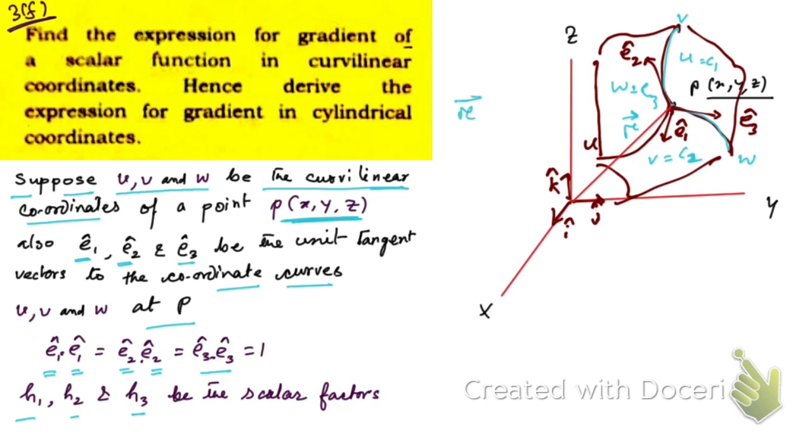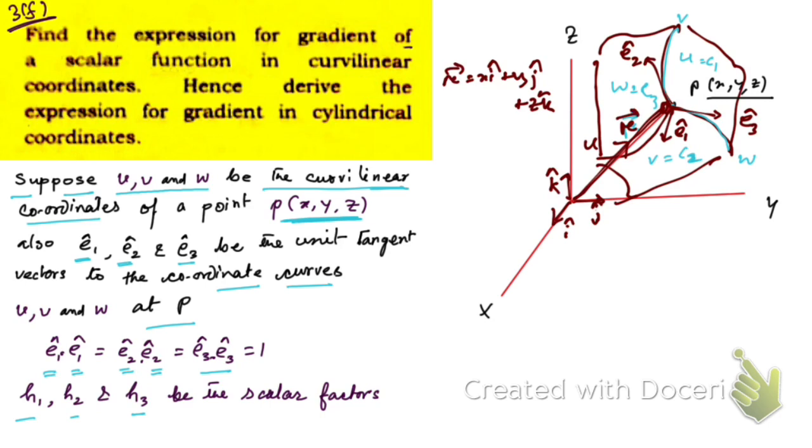Then its position vector must be x i cap plus y j cap plus z k cap. So r vector equals x i cap plus y j cap plus z k cap. This is the position vector of the point P.